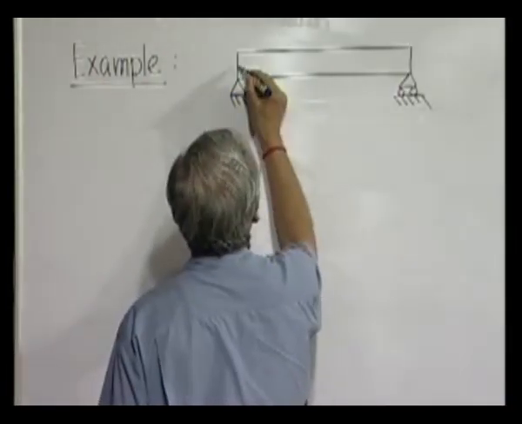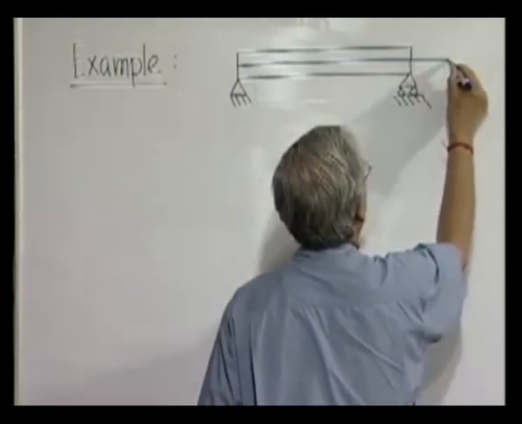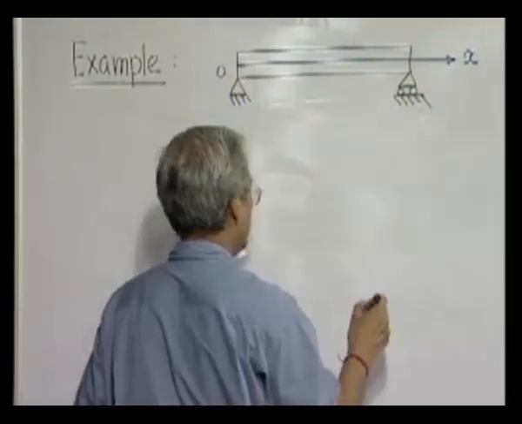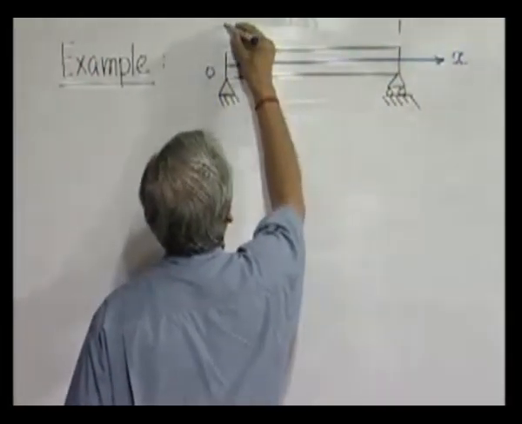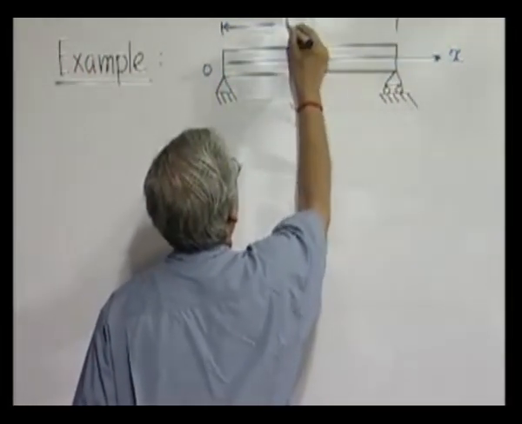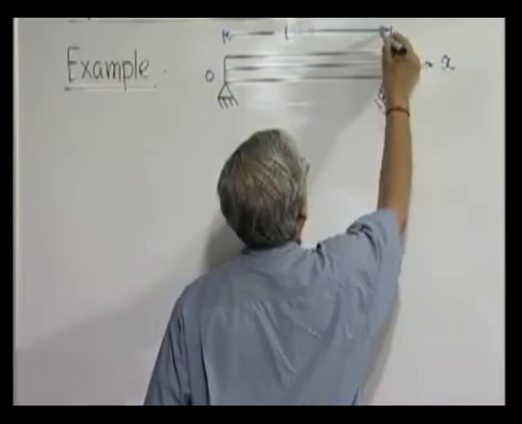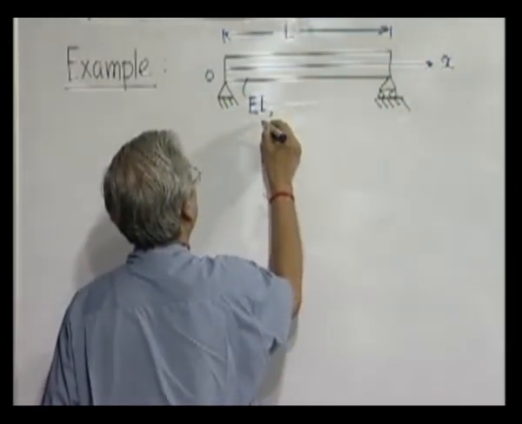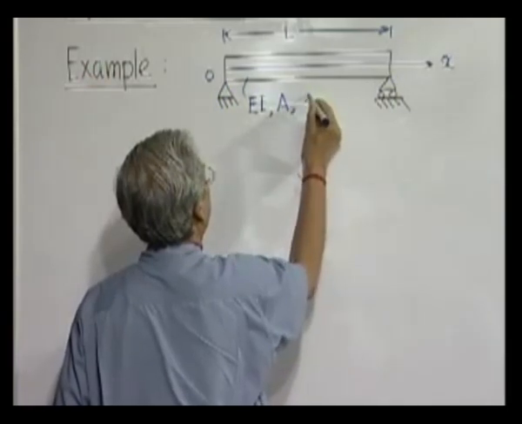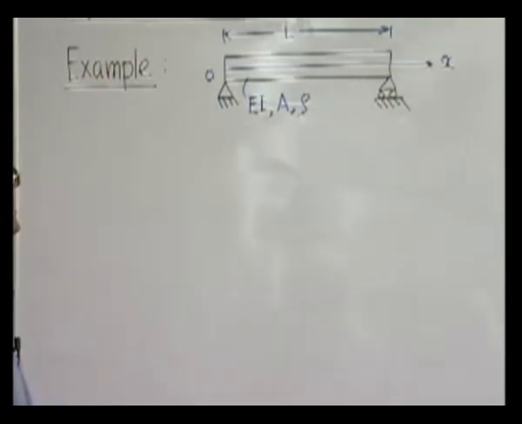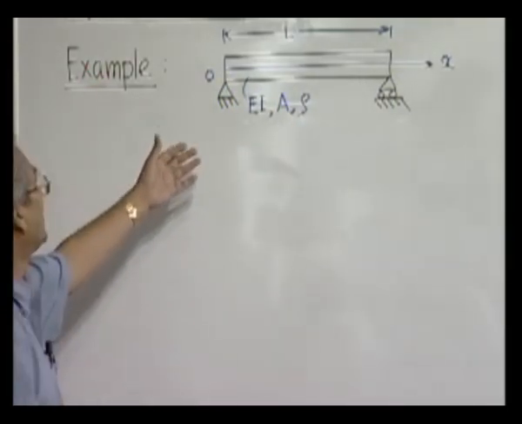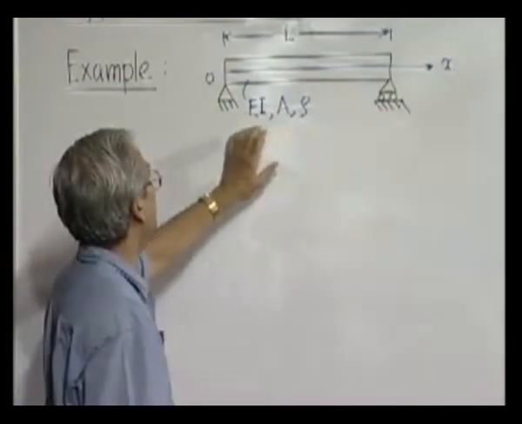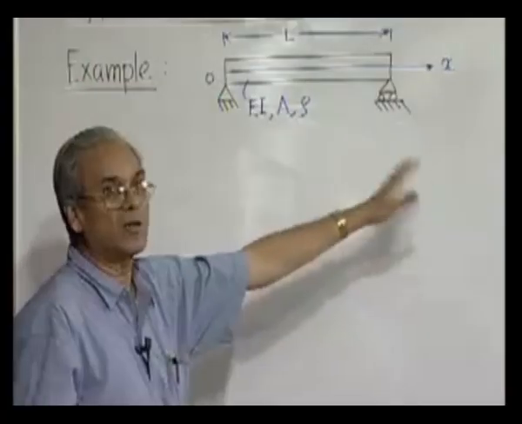The coordinate system is fixed like this, as before. The total length is L, its flexural rigidity is EI, cross-sectional area is A, and density is rho. And in this particular case of a simply supported uniform beam, EI, A and rho are all constant.